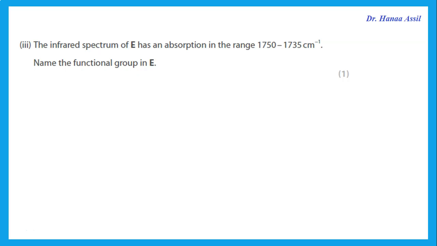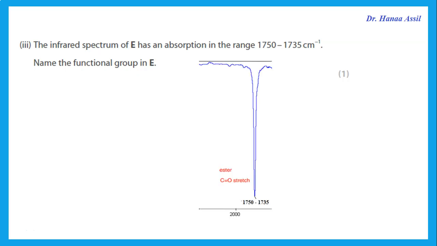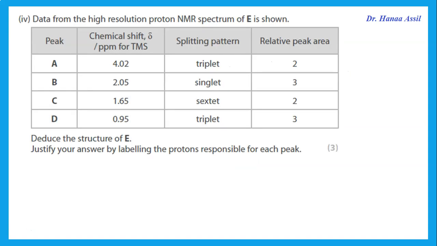And then the infrared spectrum has an absorption in the range 1750 to 1735. Well, I look at the data booklet and I find that the one that gives an absorption in this range is the ester. So this is the absorption for the C=O of an ester, and that means my compound is an ester.